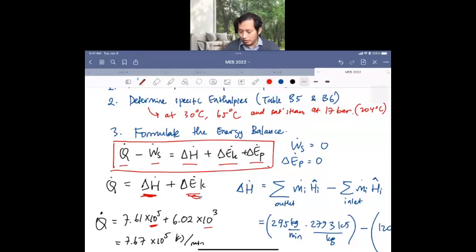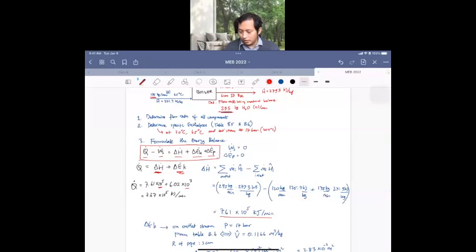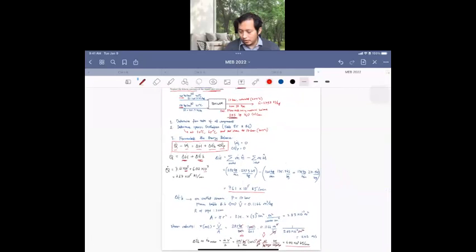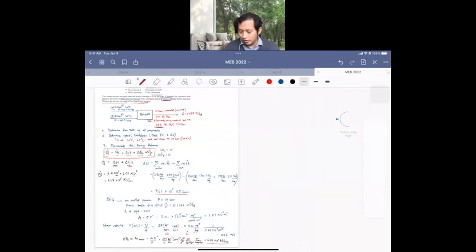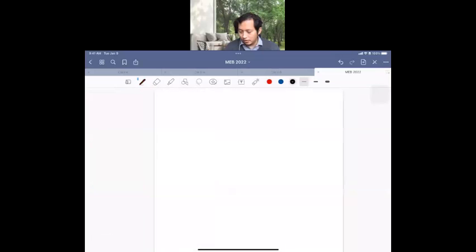Okay, now we move on to another section, which we call the mechanical energy balance. The mechanical energy balance is basically a small part of our energy balance that is related to some small components, usually mechanical components.